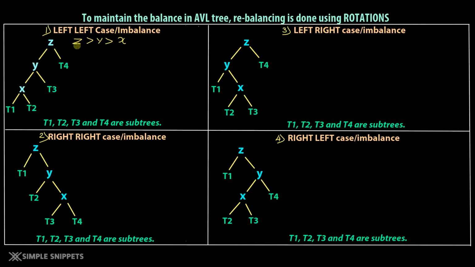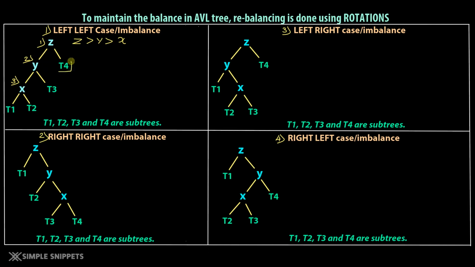So that's why this expression is true. So these are the 3 nodes. We've named them with alphabets, but you can take numbers also, like 30, 20 and 10. But let's deal with alphabets over here.